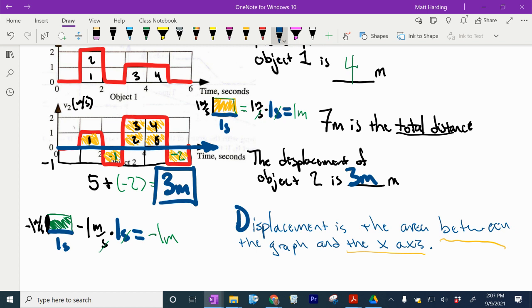From like Project Lead the Way or something. Chemistry, we used it.